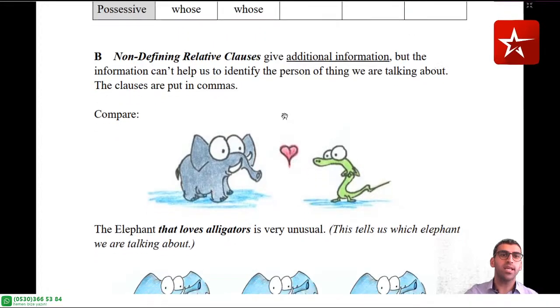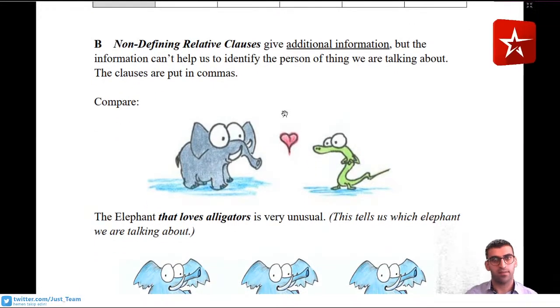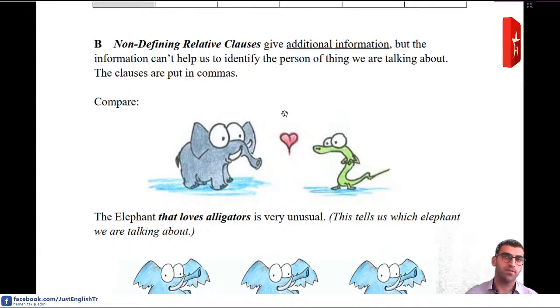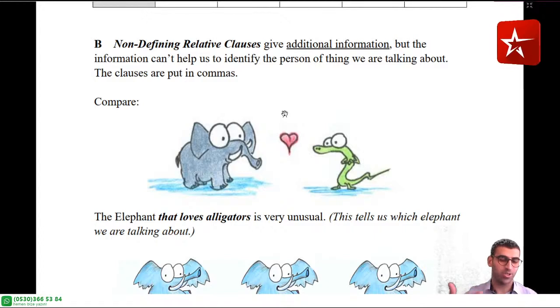And let's continue with non-defining relative clauses. What are non-defining relative clauses and what's the difference between defining and non-defining? If you remember, defining relative clauses gave us essential information, but when it comes to non-defining relative clauses, it gives us additional information.